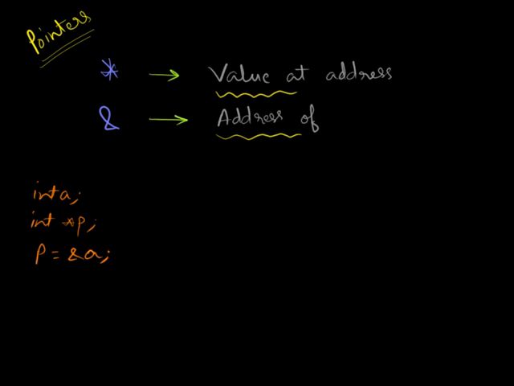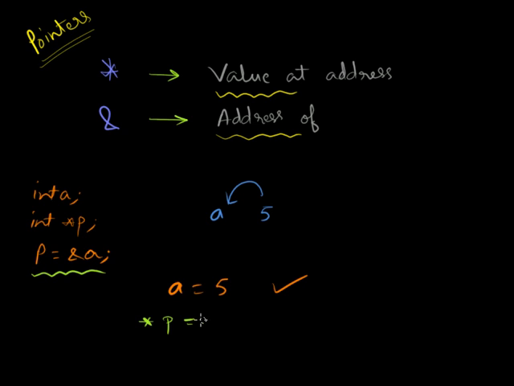So now suppose that you want to store the value 5 in a. What are the ways of doing this? You can either say that a is equal to 5. Now this stores 5 in a. Another way of doing this using pointers is that we know that p points to a. P stores the address of a. So we can do it like this: value at p is 5, and p points to a.